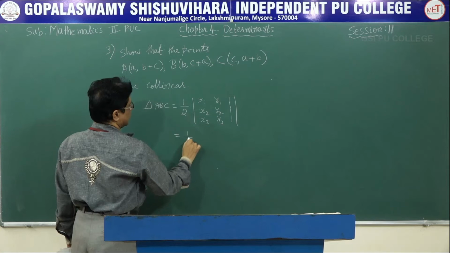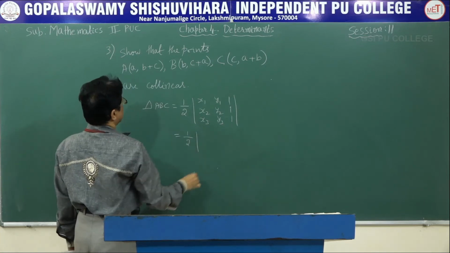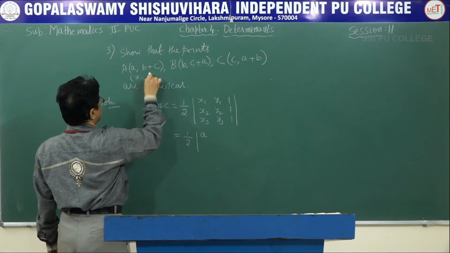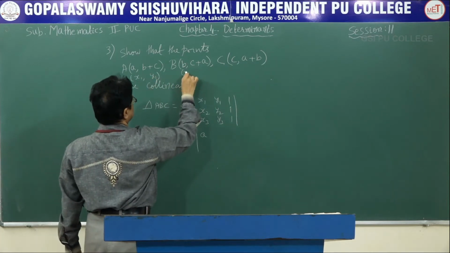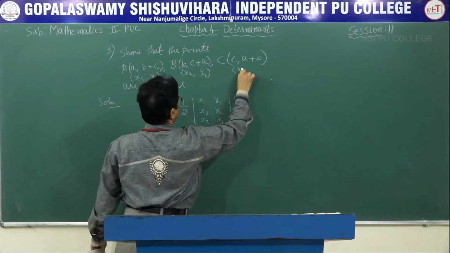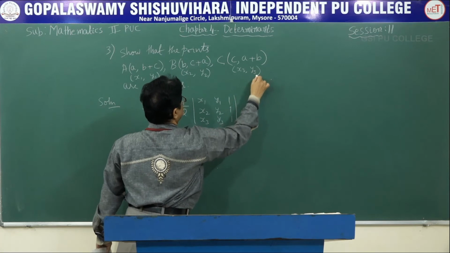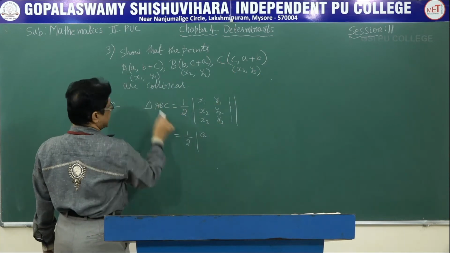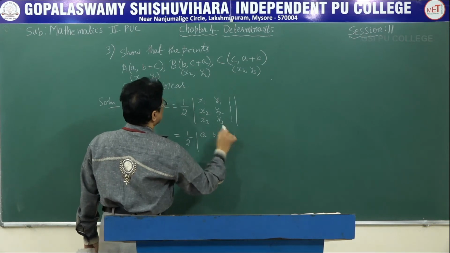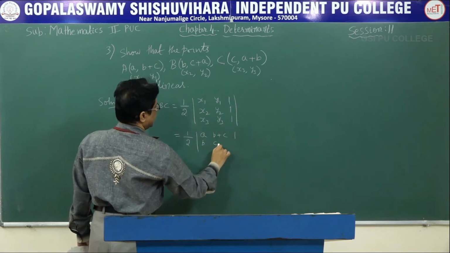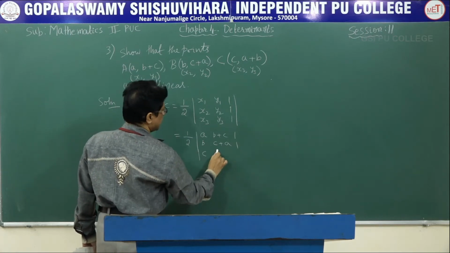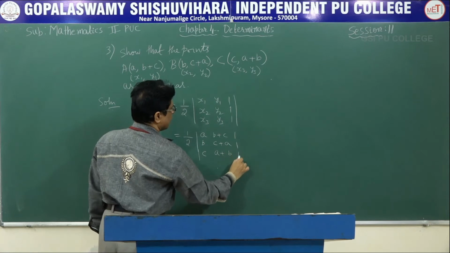So that is equal to half into determinant of a, b plus c, 1, b, c plus a, 1, c, a plus b, 1, where x1 is a, y1 is b plus c.